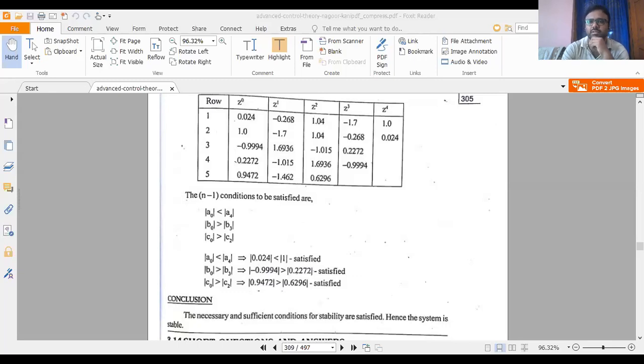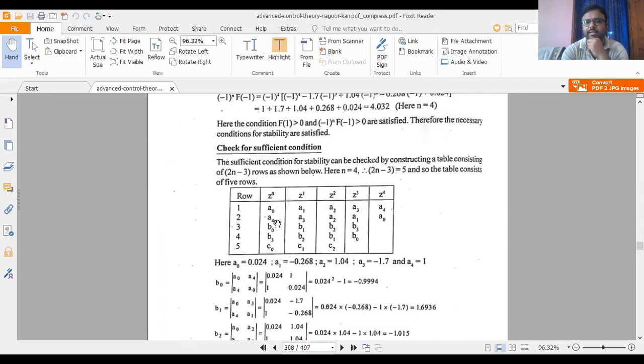In some of the textbooks I have gone through, they have taken the Jury stability table from z power 4 to z power 0, that means from higher order to lower order, z power n to z power 0 in the first row, and the second row is the reverse order of this.